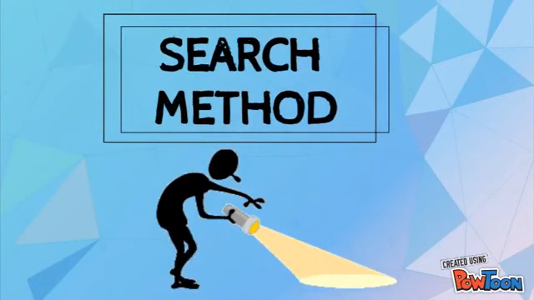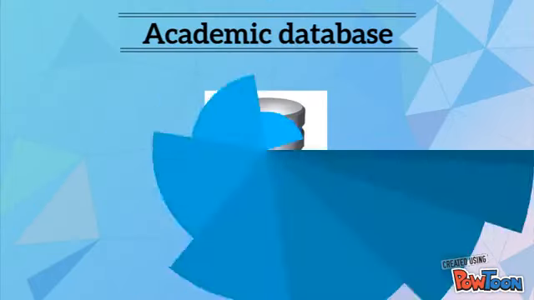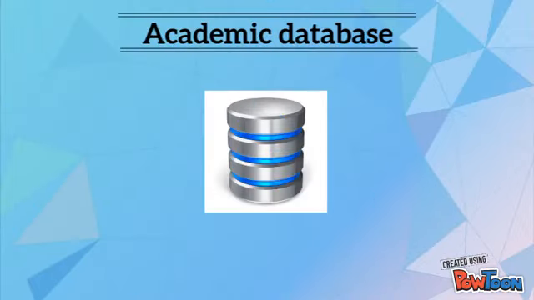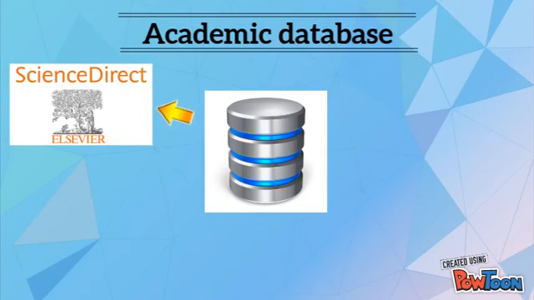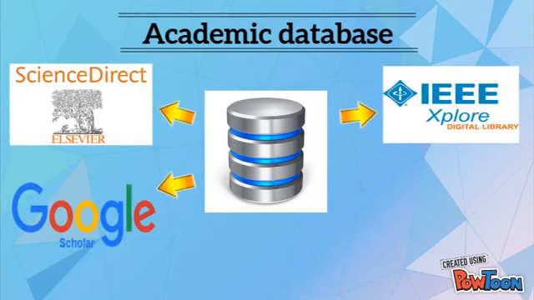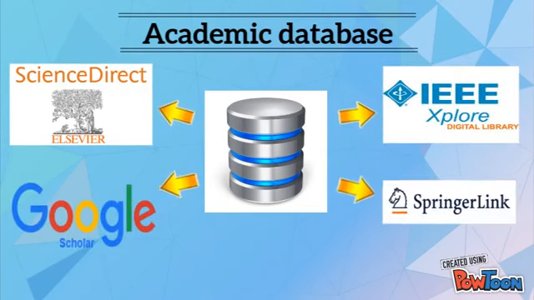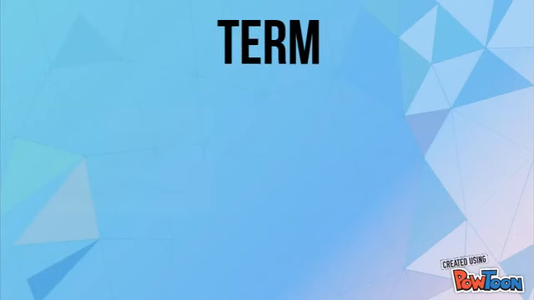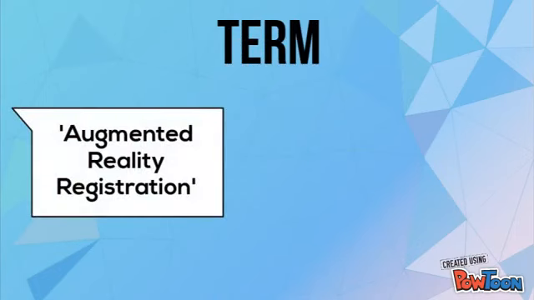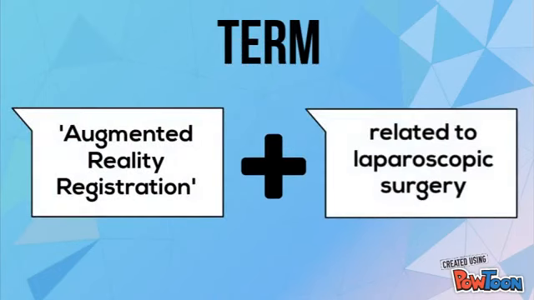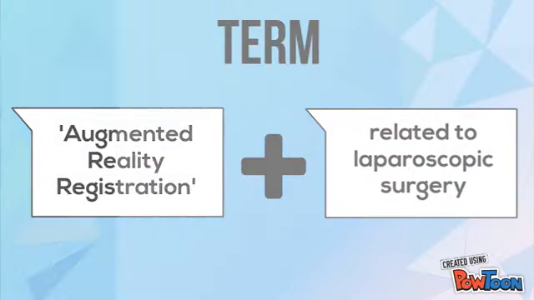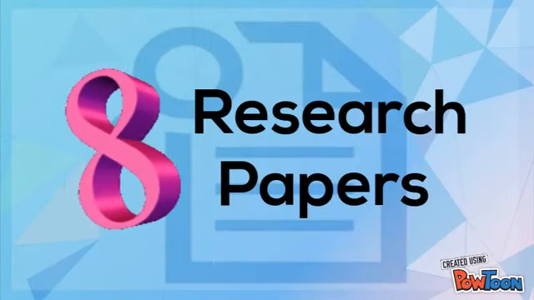To begin, a search method was used to obtain research papers from academic databases. Four types of academic databases were used: Science Direct, IEEE Digital Library, Google Scholar, and Springer Link. A query was conducted for the search engine, with the terms augmented reality registration in the title, along with terms related to laparoscopic surgery. There were 8 selected research papers.